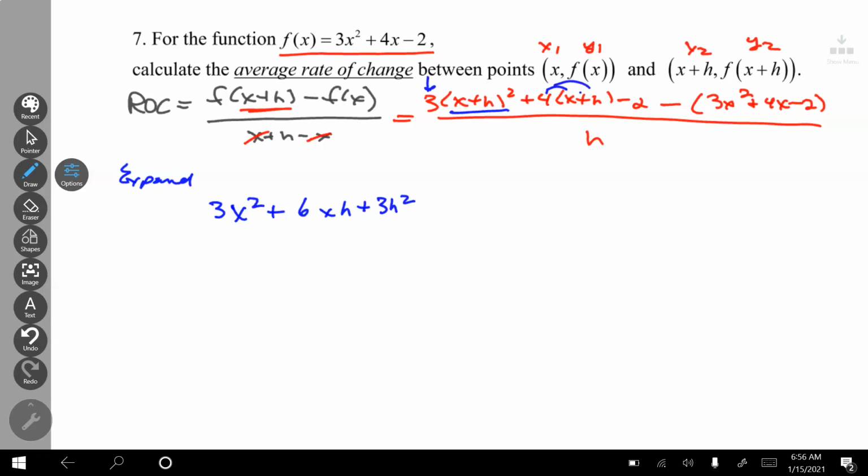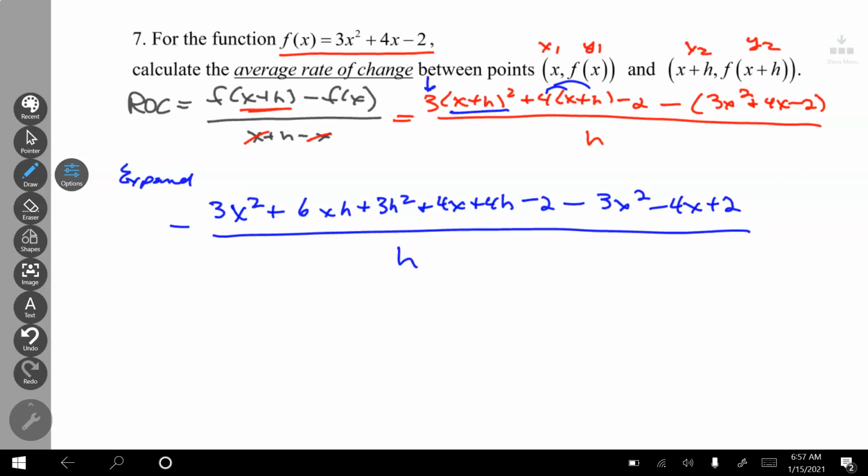Then I'm going to distribute the 4: plus 4x plus 4h minus 2. Now I have to subtract all this, or make them opposite. Minus 3x squared minus 4x. Excuse me, I didn't make it opposite. Not even paying attention. Minus 3x squared minus 4x plus 2, all over h.